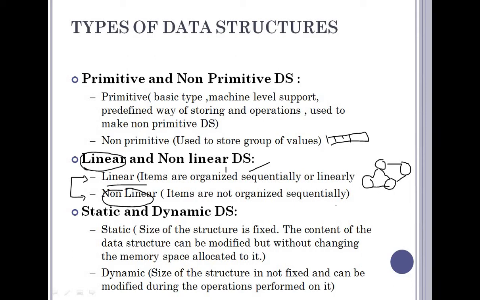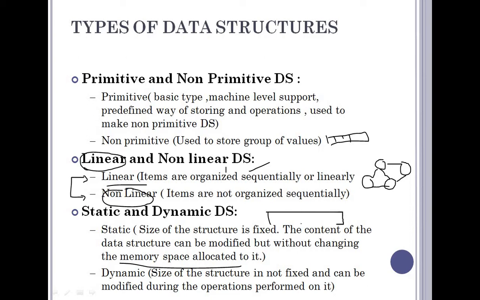The next is static and dynamic data structure. Static means the size of the data structure is going to be fixed. So you can modify the content of that data structure, but we cannot change the memory allocated to that data structure. So for example, array.